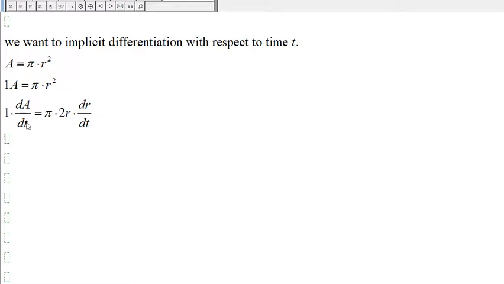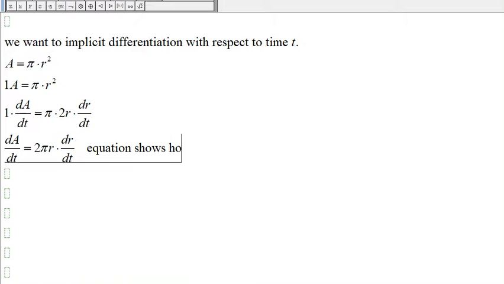Then since r is not t, we use the chain rule and multiply by dr/dt. This is the rate of change of the area, and this is the rate of change of the radius. So this equation shows us how the two rates are related. Normally we write this as dA/dt equals 2 pi r times dr/dt.